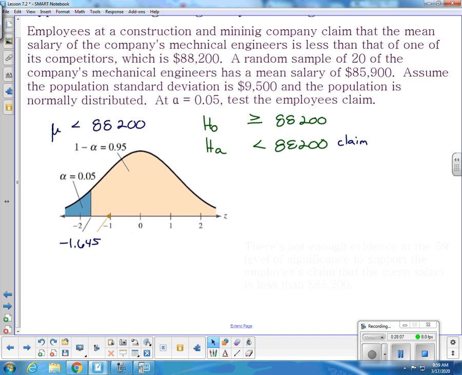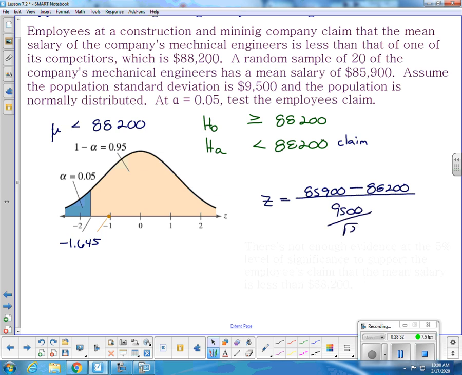Okay. So we are going to go to our Z formula. So 85,900 minus the claimed mean all over 9,500 divided by the square root of 20.